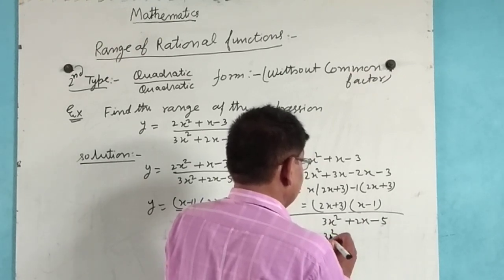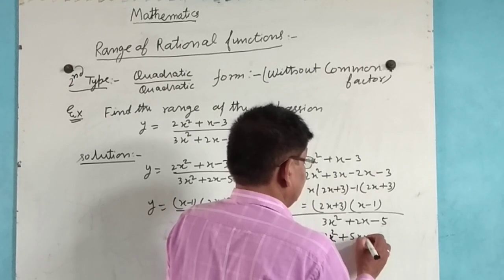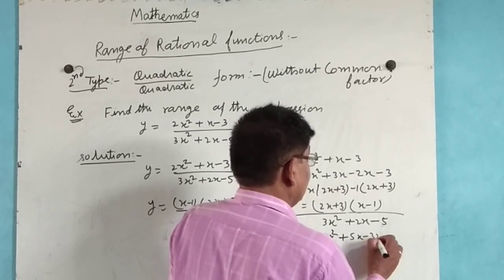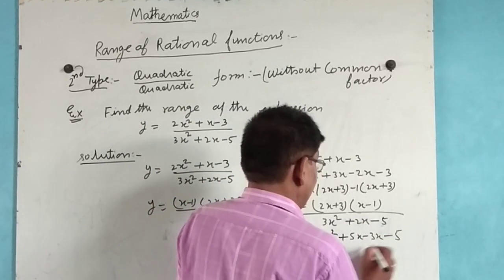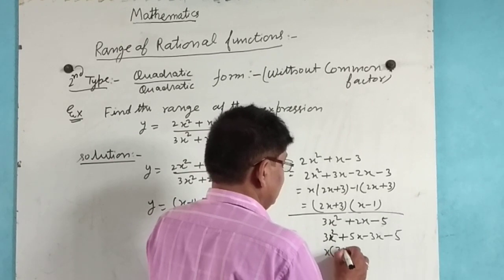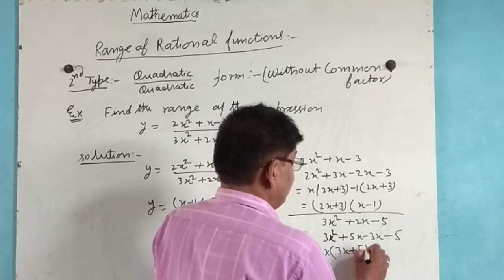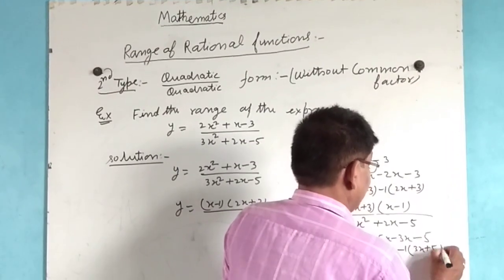3x square plus 5x minus 3x, 2x no difference, and 5. We take common x here, 3x plus 5, and in this case we take minus 1, 3x plus 5.